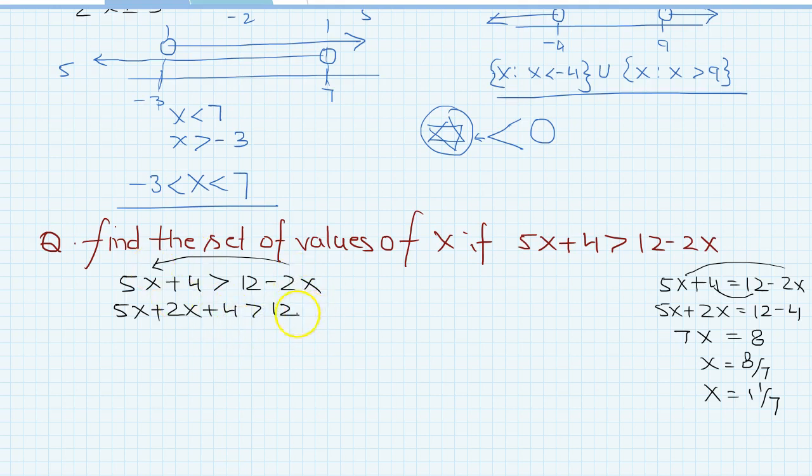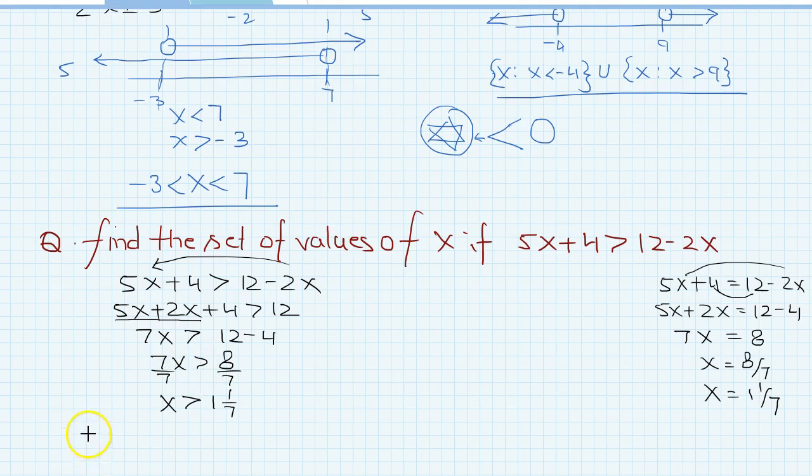Now I'm going to take 4 this side. And 5x plus 2x is 7x, greater than or equal to 12 minus 4. So 7x is greater than or equal to 8. Divide both sides by 7. So I have x is greater than or equal to 8 over 7. That is 1 and 1 over 7.